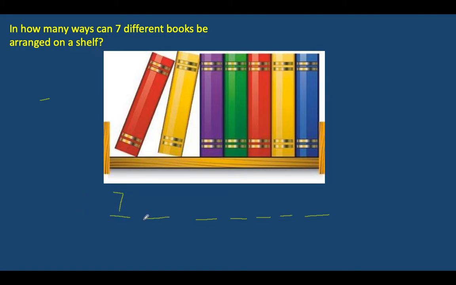Now I need to put a book in my second slot, which if one's already there, I only have 6 books remaining. So there's 6 possible books I could put there. Well, repeating, now I need to fill out my third slot. 2 are already taken, so there's only 5 left, and so on and so forth. And then we have to multiply.